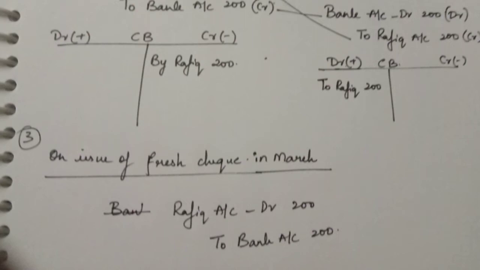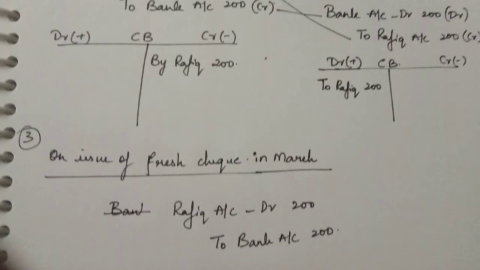That is coming from the earlier month, right? That is coming from earlier month, because nowhere it is given that the check is issued in the month of March only and got outdated in the month of March. No, it could not happen. The check life is for 3 months, therefore it would have been issued before 3 months only, but not in the month of March. So the opening entry, the first entry, that is Rafiq account debit to bank account, might have got accounted in the opening balance only.